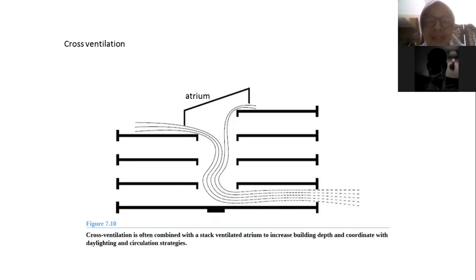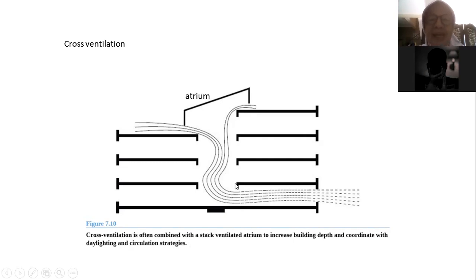I explain after this about the stack ventilation, pressure generated by temperature difference, to increase building depth and coordinate with daylighting and circulation strategies.